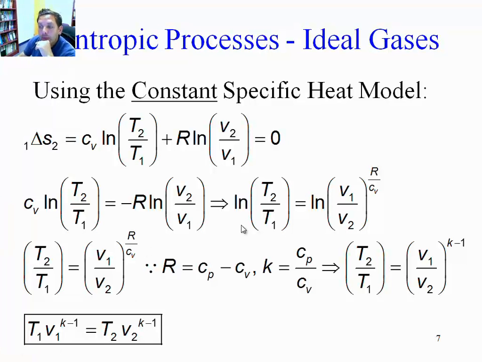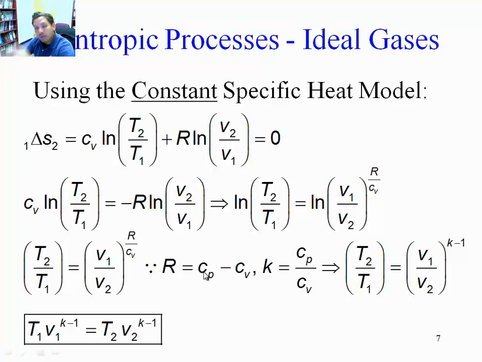Now, R is the gas constant, and is defined as the subtraction of Cp minus Cv. It's the difference between specific heat at constant pressure and specific heat at constant volume, by definition. And there's another constant, K, that is defined as the ratio of specific heats. It's called K, or the isentropic constant. You can find it in tables where you find Cp and Cv.